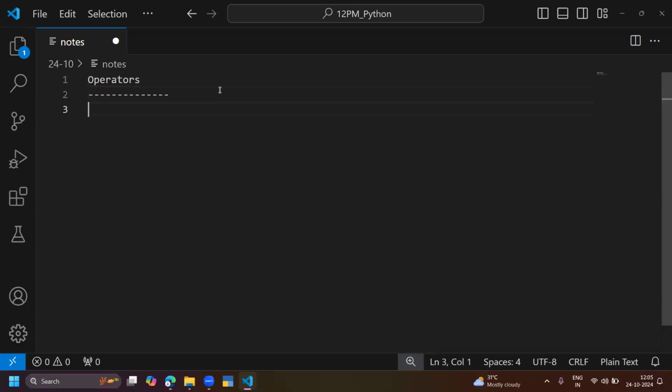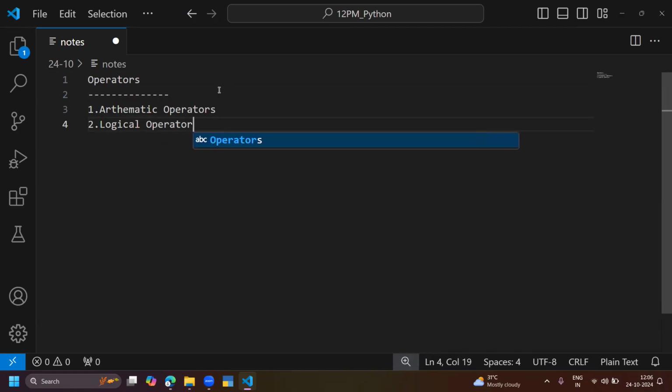So we are working on operators. The first one, arithmetic operators. The second one, logical operators. And the third one, relational operators.